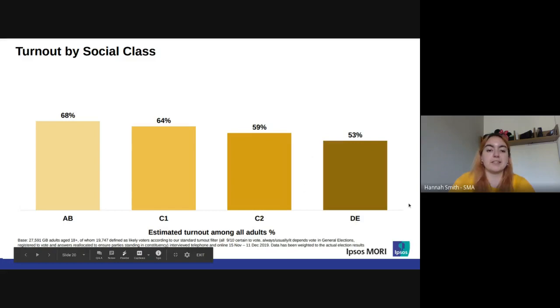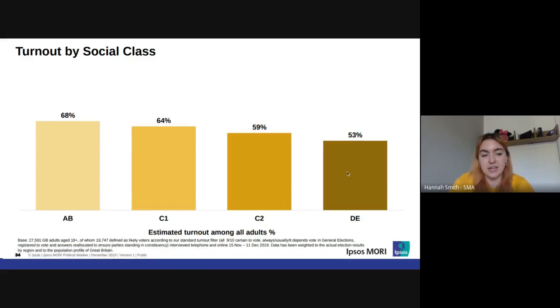Do you think people in social class DE have the same awareness of politics, the same understanding of politics, the same ability to watch the news and think critically about what it means as those in the higher? Again, traditionally, now I'm not saying I agree with this, but traditionally your social class AB would be those who have higher level of qualifications. Therefore, they understand the importance of voting and engage with that on a more regular basis.